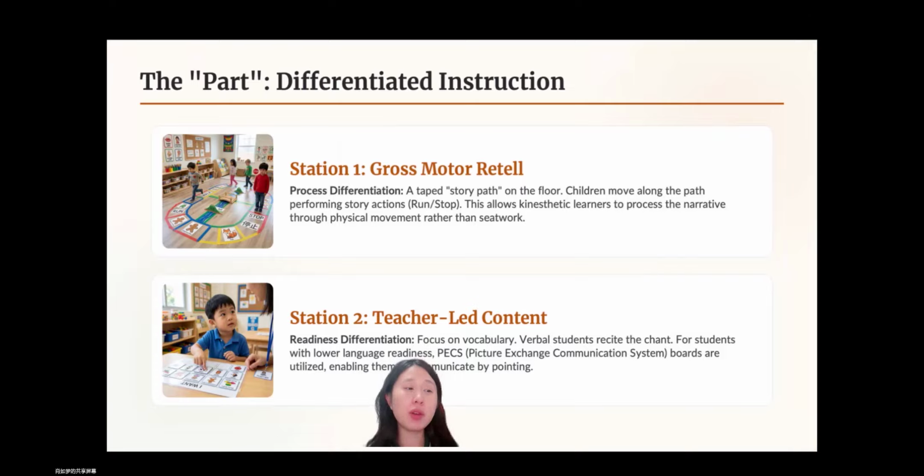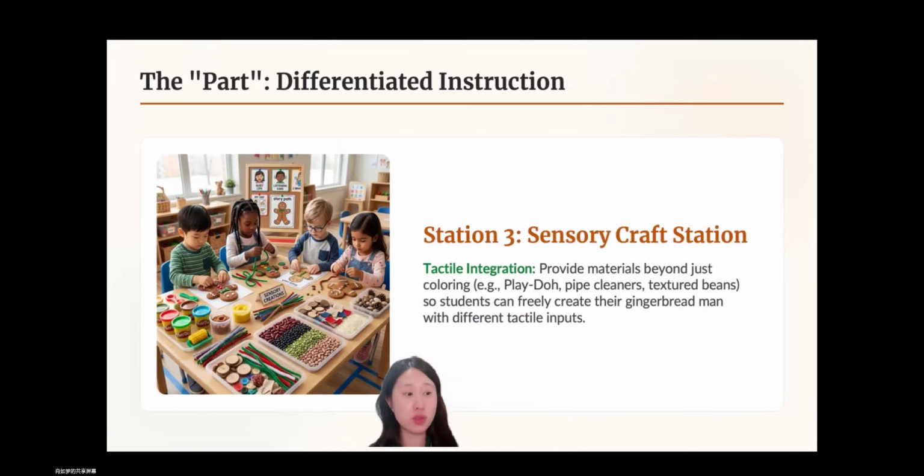They can communicate by pointing to the pictures instead of feeling pressured to speak. And station 3 is a sensory craft station. We don't only use crayons. We use Play-Doh, pipe cleaners, and textured beans, giving them rich tactile input.